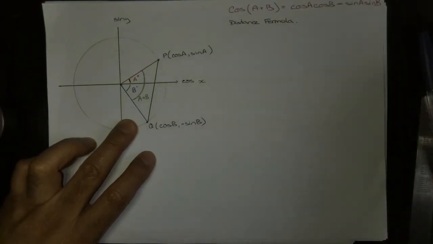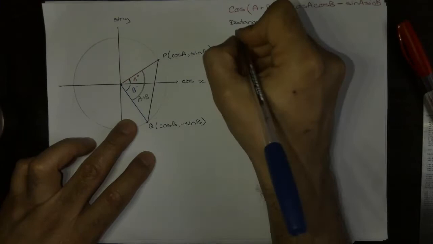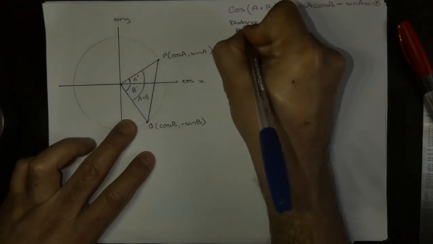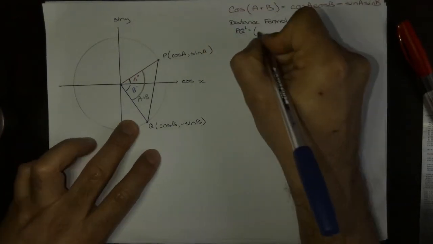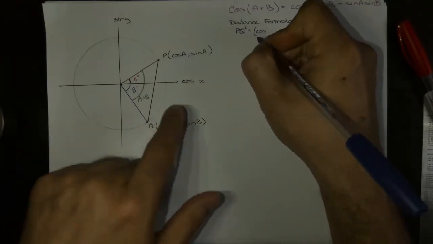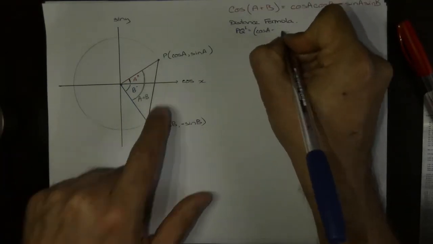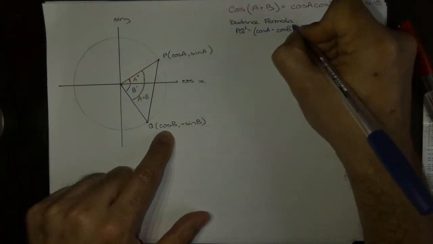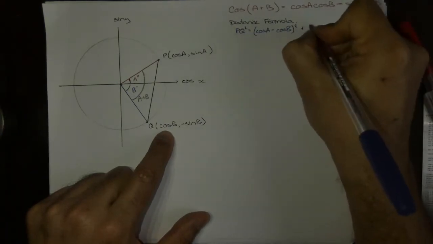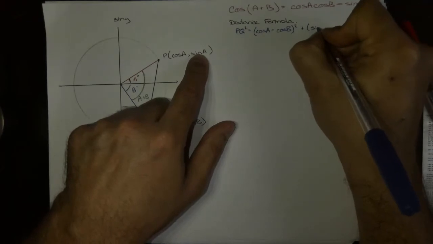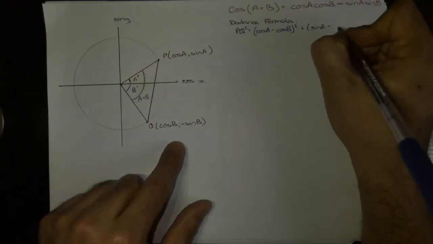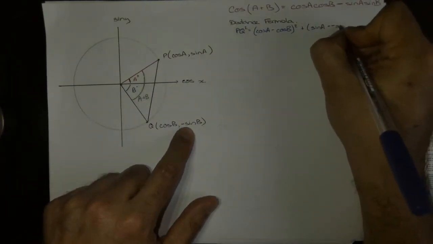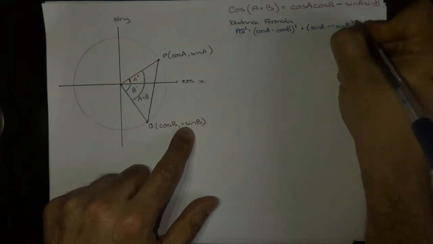Okay, we get PQ squared. Well, that's cos A minus cos B all squared plus sine A minus sine B squared.